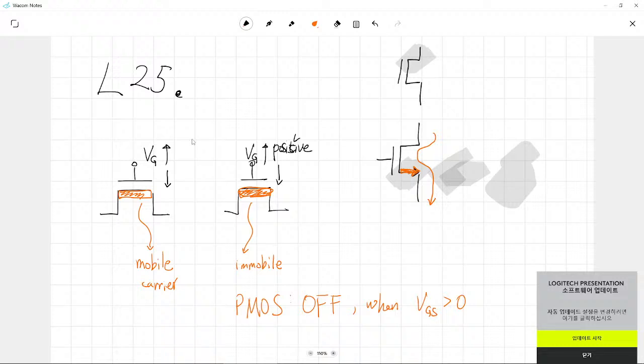Then in the case of the PMOSFET, how about the current conduction flow? Please note that when you measure the drain current of your PMOSFET, it usually has a negative sign. Negative sign means that this is the positive direction for your drain current, but it is negative in the usual case, so current is flowing in this way.